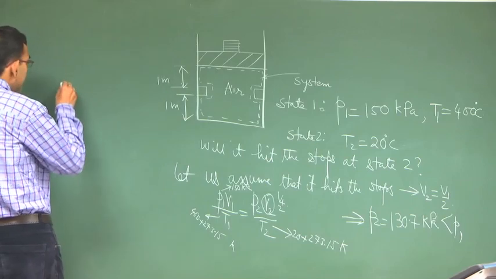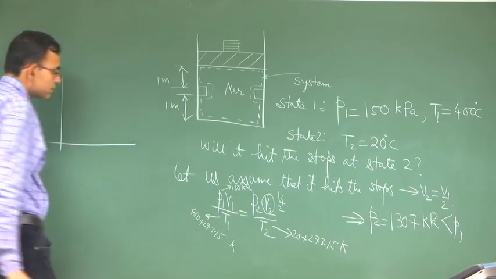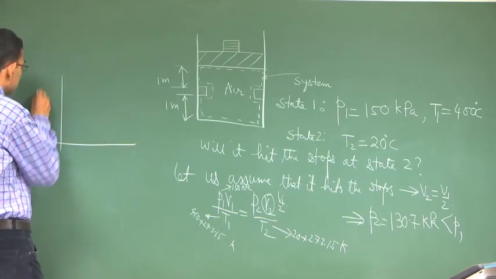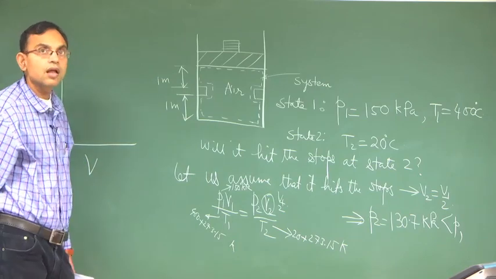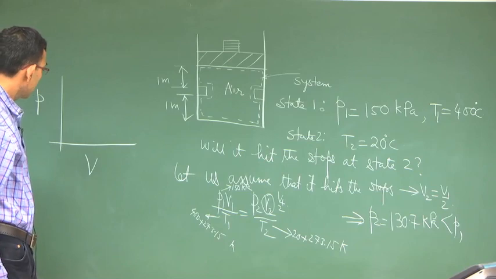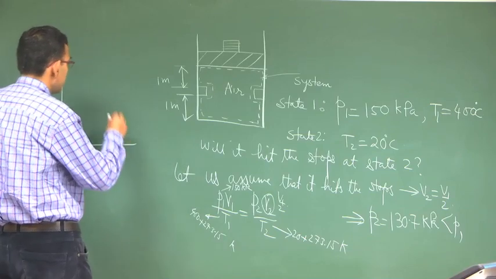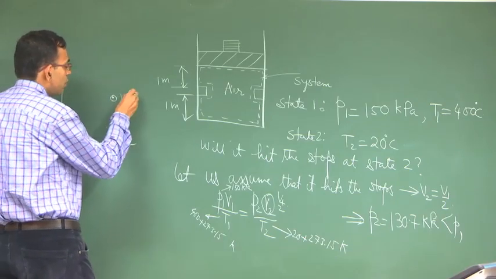So, to do that, what we will do is we will consider the state 1, this is P1 comma V1.